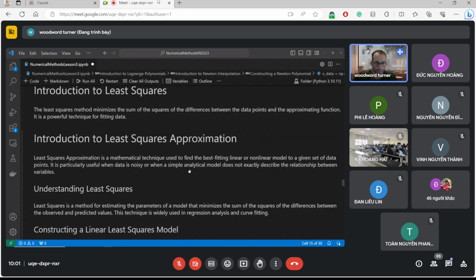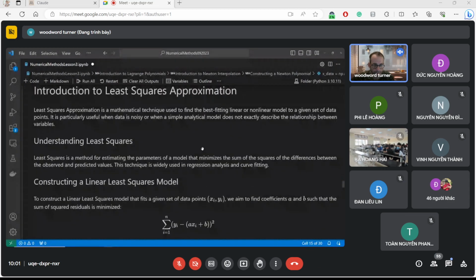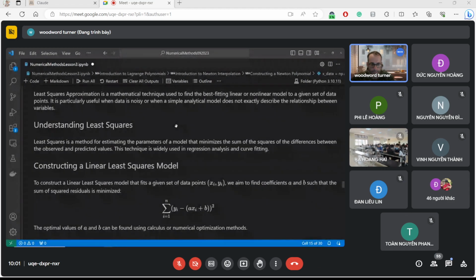It's also useful when a simple analytical model doesn't exactly describe the relationship. So you can use this to help describe the relationship between variables when a simple analytical model won't do. All right, and we'll get into the algorithm here too.